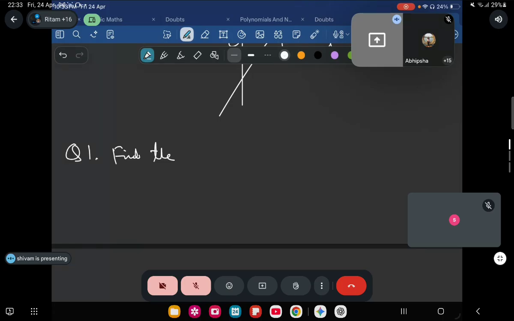Find the domain and range of sine inverse of the fractional part of x. Solve.